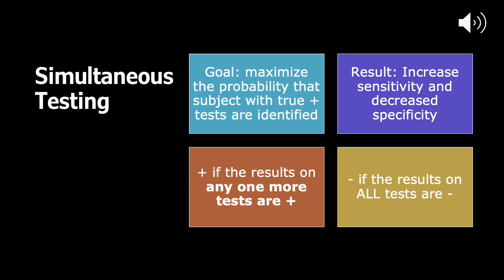So if you're doing a bunch of simultaneous testing like EKGs, troponins, CKs, chest x-rays, you need all of these results to be negative in order to say that the test is truly negative. But if you have a positive on any of the results, we consider it positive.